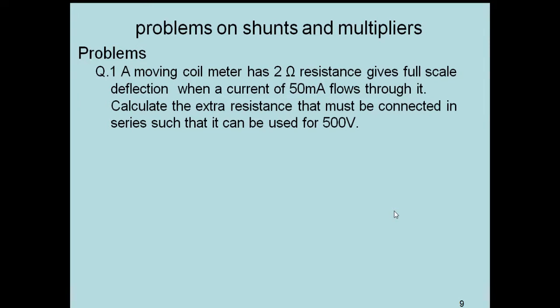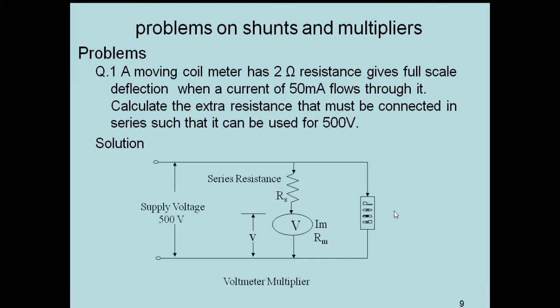Actually, the moving coil meter has a resistance of 2 ohms, and it gives full scale deflection when the current flowing through the meter is 50 milliamperes. So the voltage across the meter will be 50 milliamperes into 2 ohms, which is 0.1 volts, and that meter is used to measure the supply voltage of 500 volts.